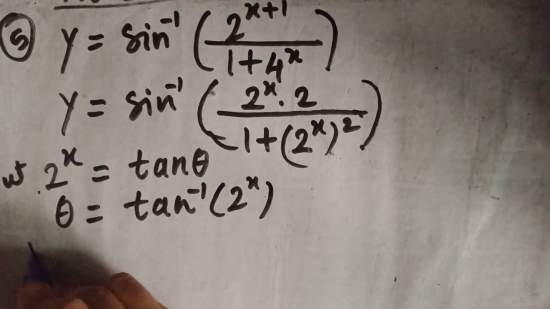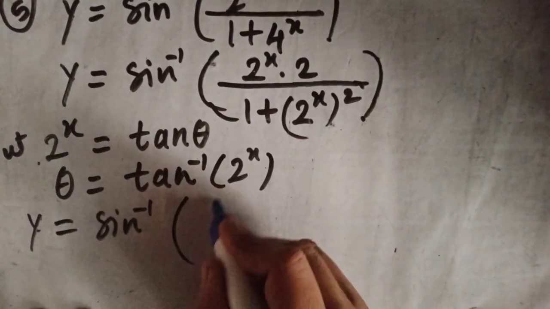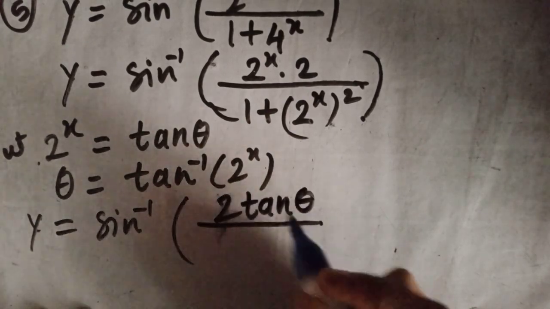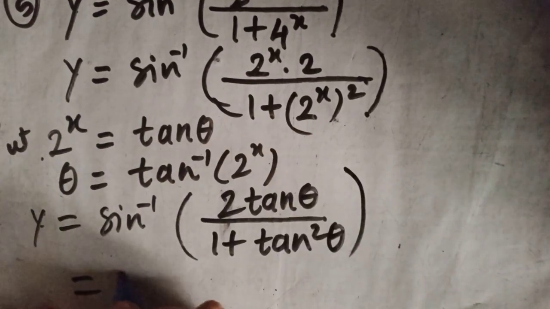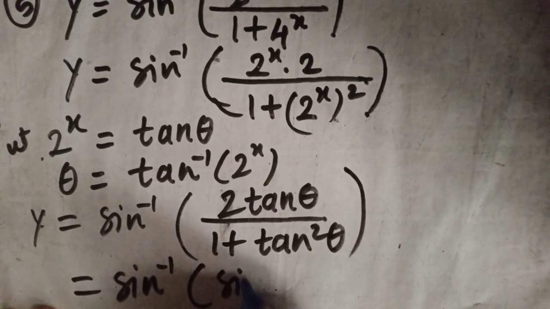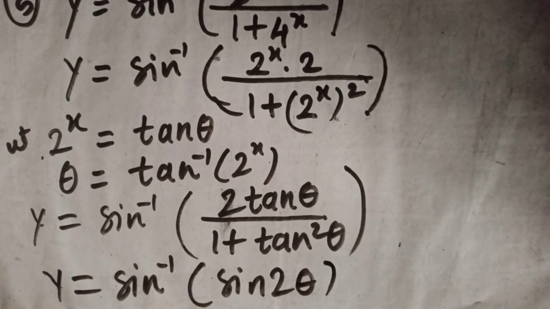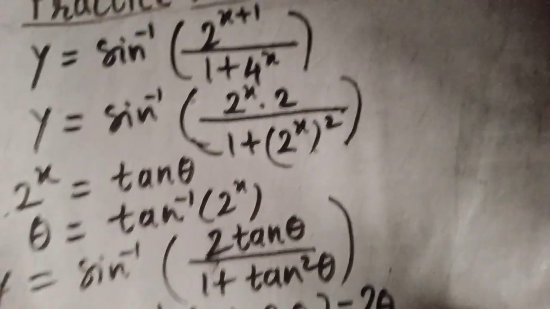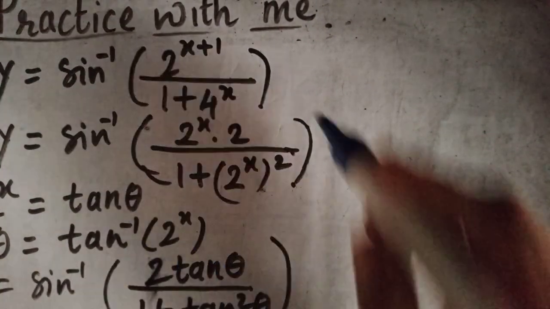So if you put this in, y becomes sine inverse of 2 tan theta upon 1 plus tan square theta, which is nothing but our sine 2 theta. Okay, so using the inverse trigonometric functions, this becomes 2 theta. So y is 2 theta, and we know the value of theta, that is tan inverse 2 raised to x.